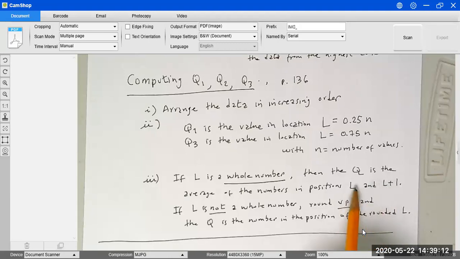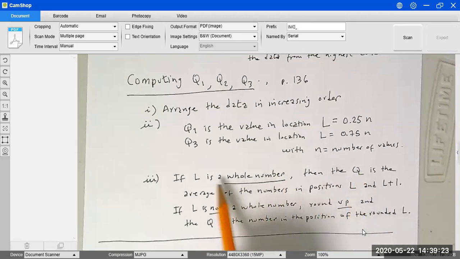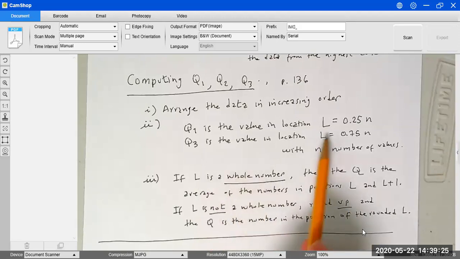We get the values for those positions and average them, and that is the value for the quartile that we're looking for, either Q1, Q2, or Q3. But this is only in the case that L results to be a whole number.